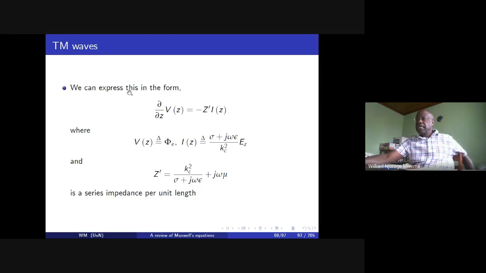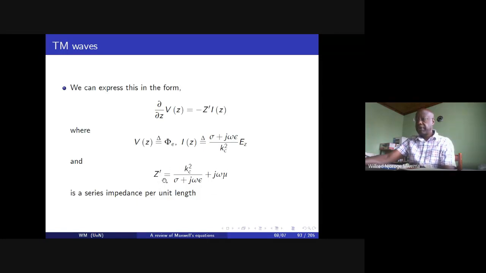So this can be expressed in the same form as before, that the derivative of V(z) with respect to z is equal to the minus of Z prime multiplied by I(z), where our voltage wave is equal by definition to phi_E, and the current is going to be given by (sigma plus j omega epsilon) over kc squared Ez.